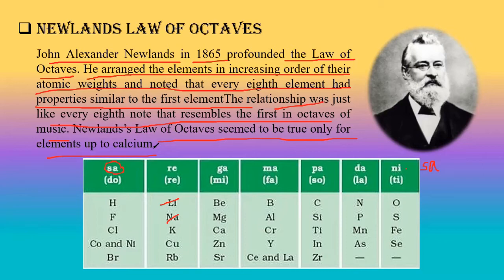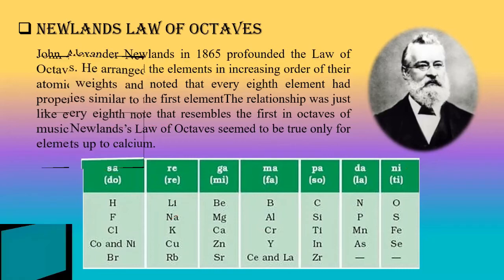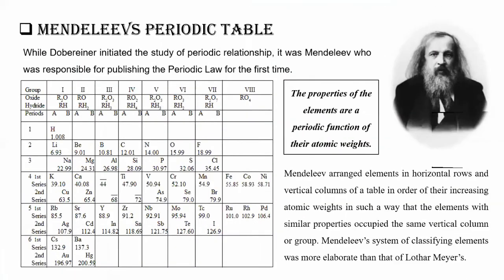To be honest, Newlands' law of octaves didn't get as much attention at that time as it deserved, maybe because very close to the discovery of Newlands, another major discovery came, which is none other than the work done by Dr. Mendeleev. Dr. Mendeleev's work was much better and improved compared to that of Newlands.